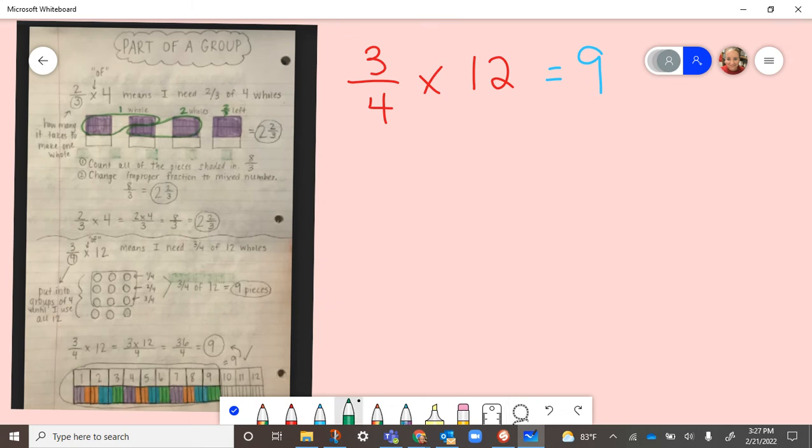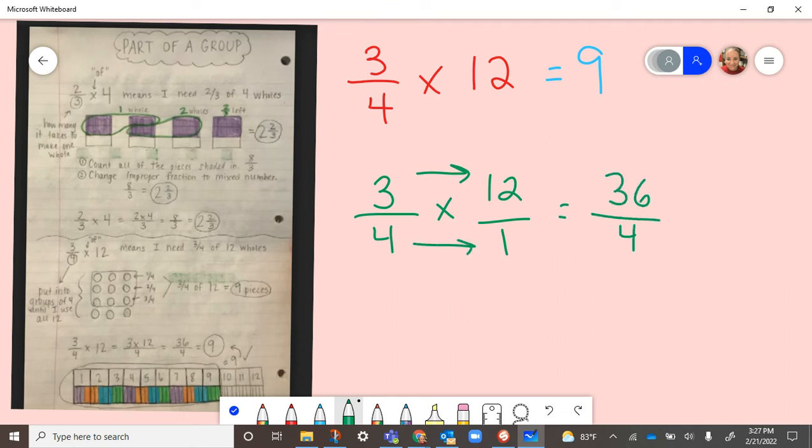All right, so here we have 3/4 times 12 over 1. We're going to rewrite it as a fraction. 3 times 12 is 36, and 4 times 1 is 4. And I know that if I were to take this improper fraction and rewrite it as a mixed number, I would be able to pull out 1 group, 2 groups.